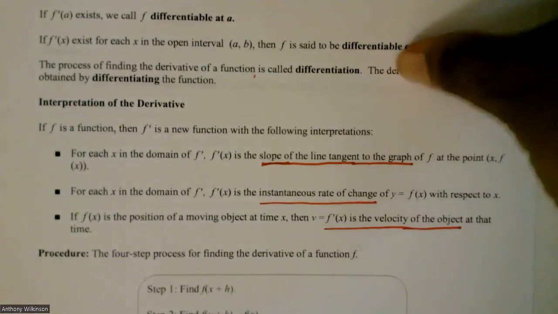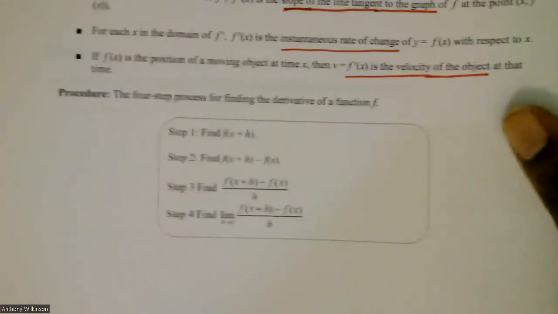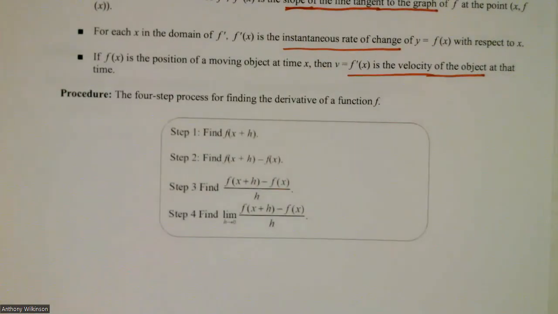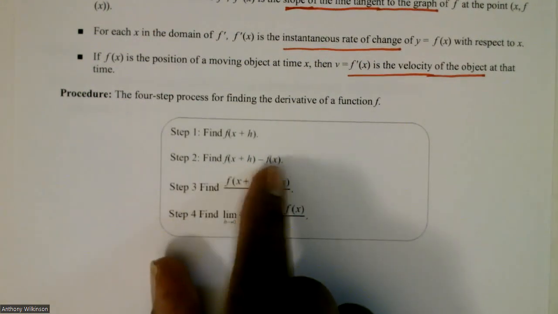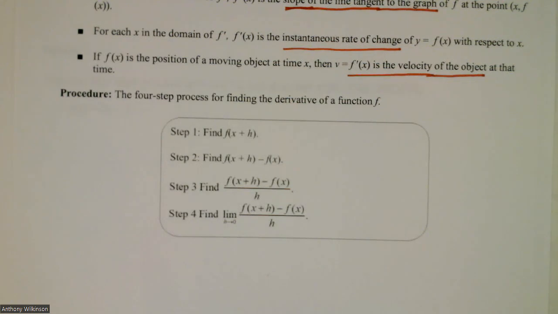All right, next is the procedure. And we have a 4-step procedure for finding the derivative of a function f. The first step is to find f of x plus h. Just substitute each x in f of x with the x plus h and simplify. Then step number 2, you're going to subtract f of x from f of x plus h.